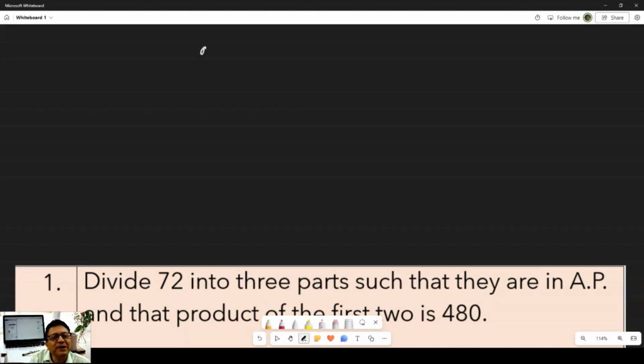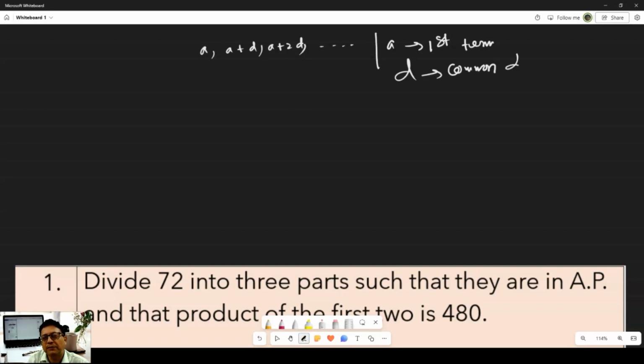Just once more I remind you that series of terms a, a plus d, a plus 2d always are in AP. This a is known as the first term, d is the common difference.